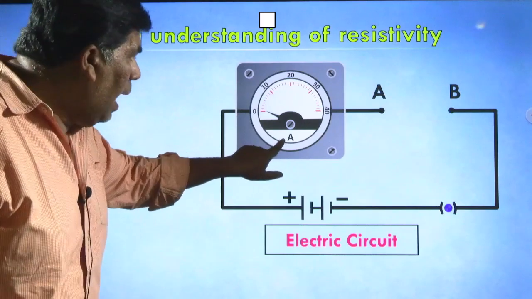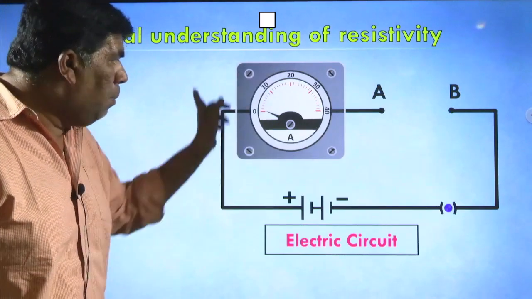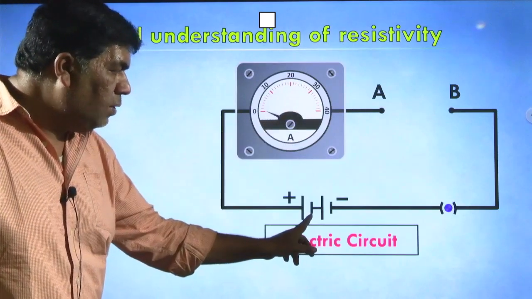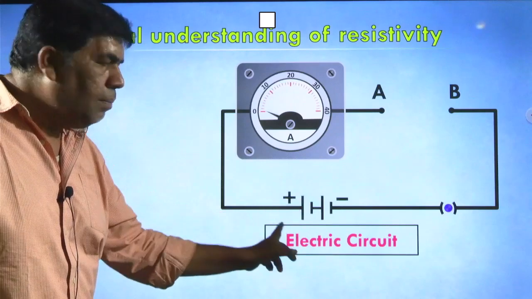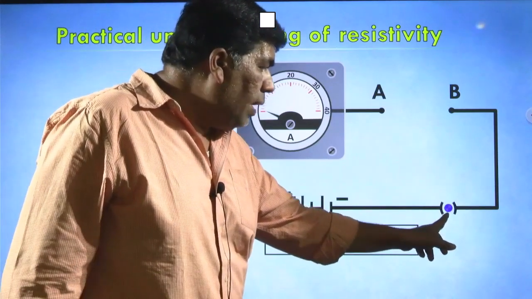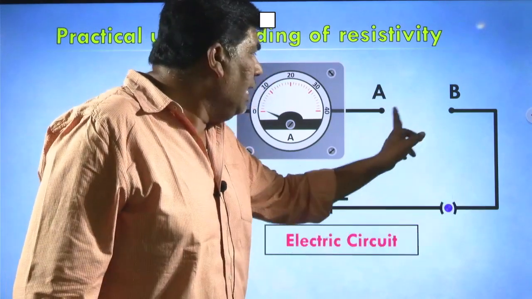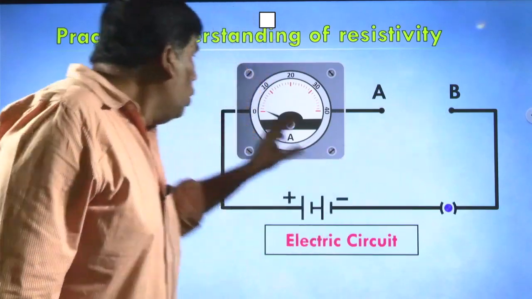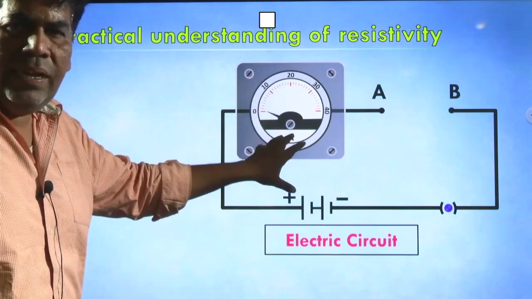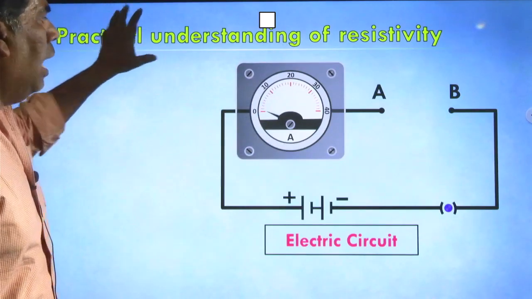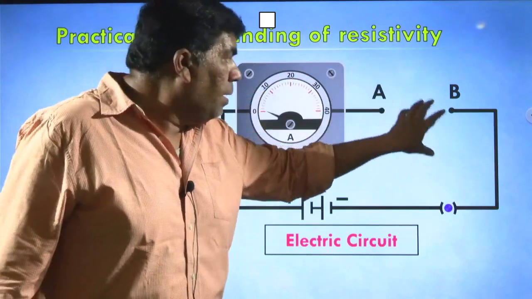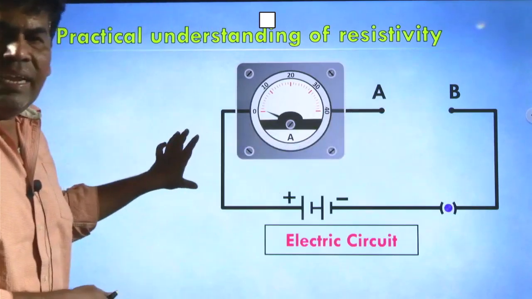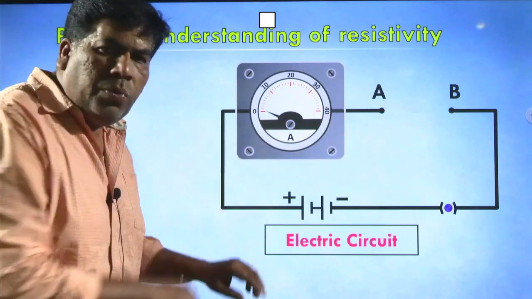You can see one ammeter which can measure the amount of electricity passing through the conductor, a source of electricity like a battery, and a switch, and there is a gap between the ends A and B. With this activity we are going to understand resistivity, because we are going to check how much resistance will be generated if this gap is filled with different kinds of material.